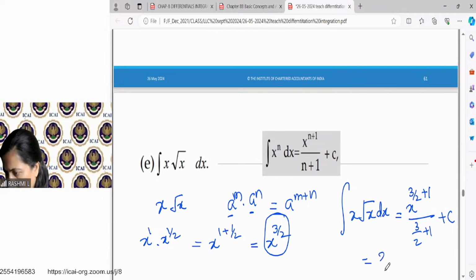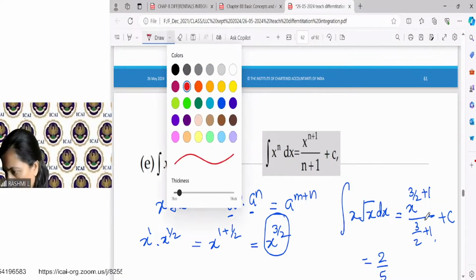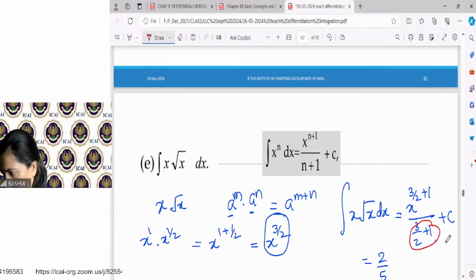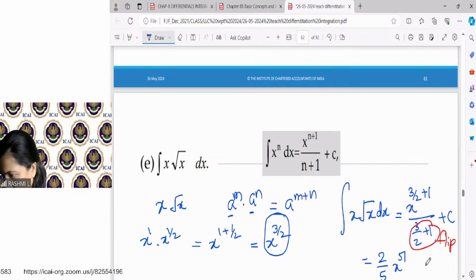So this will be 2 by 5, because this denominator is going to flip. It will become 2 by 5 and x raised to 5 by 2 plus c.